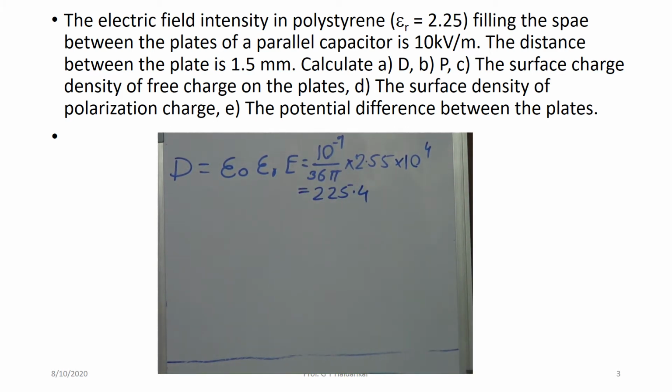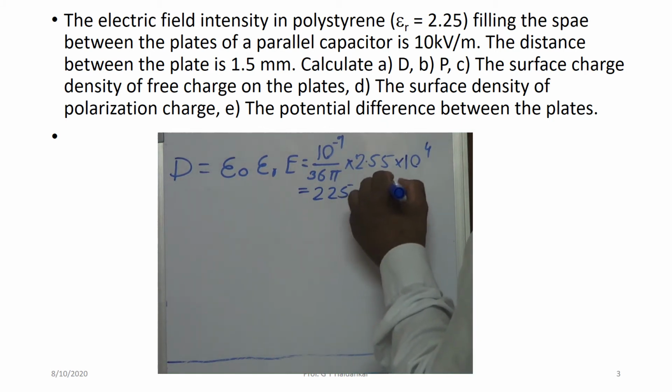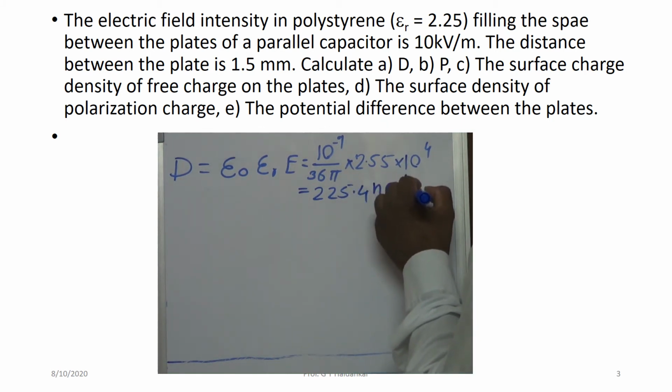Now the unit of D is nanocoulomb per meter square.